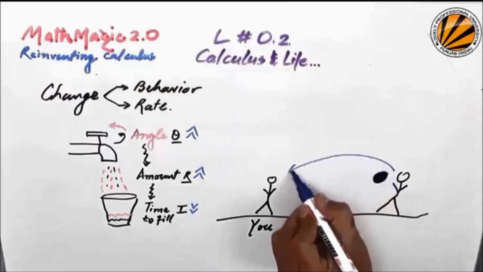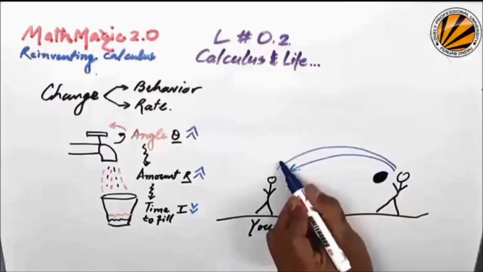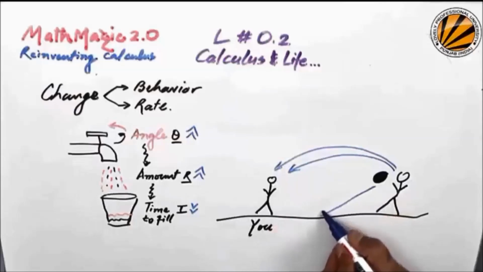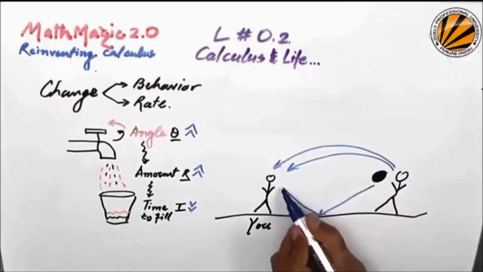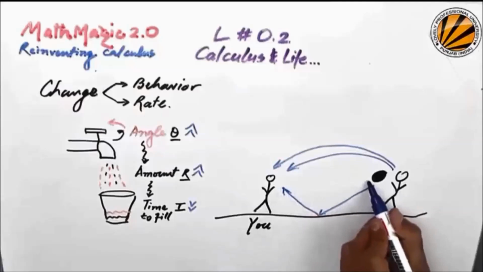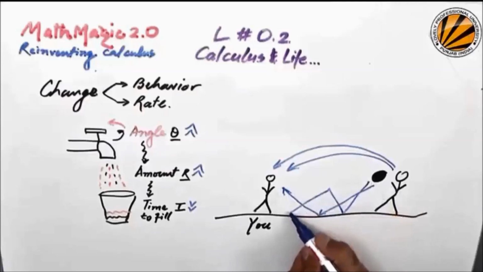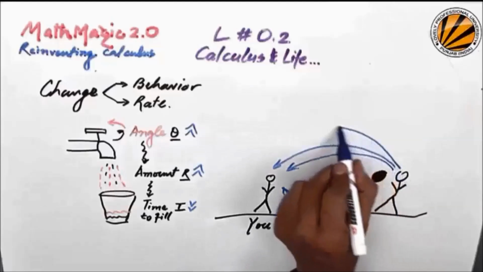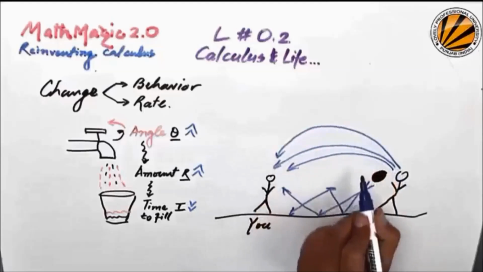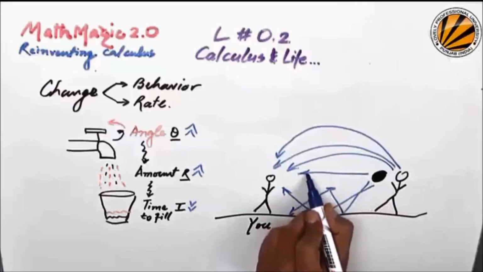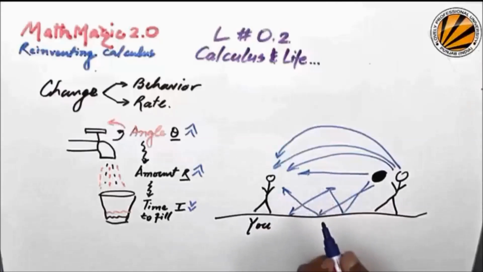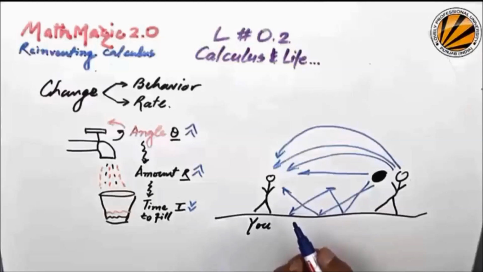It can be this way, it can be this way, it can even have one bounce from the ground, it can have two bounces from the ground, it can have a bigger and a better flight, it can come straight to you. There can be umpteen, or rather infinite ways by which this ball can reach you.